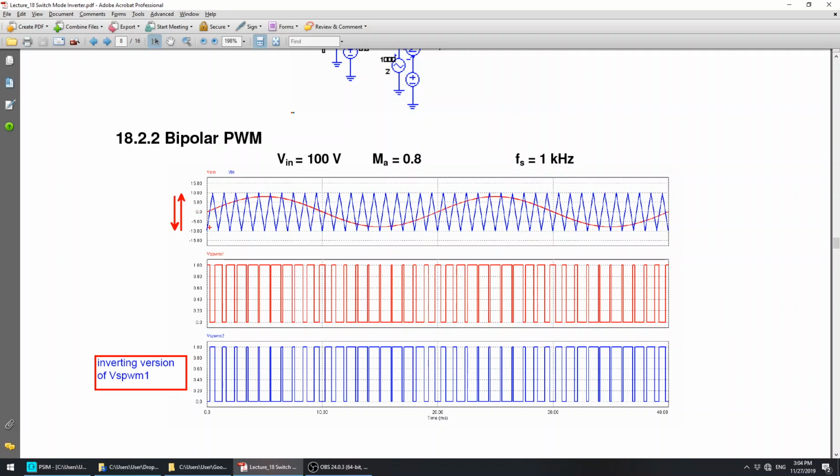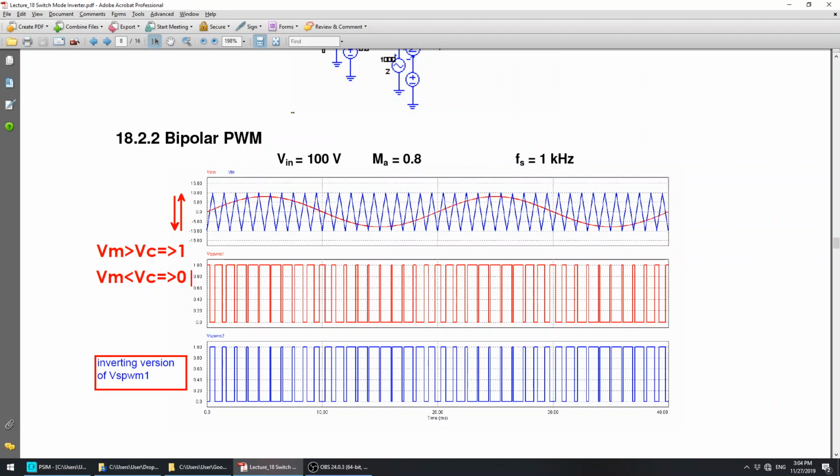Okay, you have positive and negative values, and you compare this with the modulating signal, and this is the result. After you compare, you must follow the rule: whenever Vm is greater than Vc, the output of the comparator will be 1, and whenever Vm is lower than Vc, the output of the comparator will be 0.